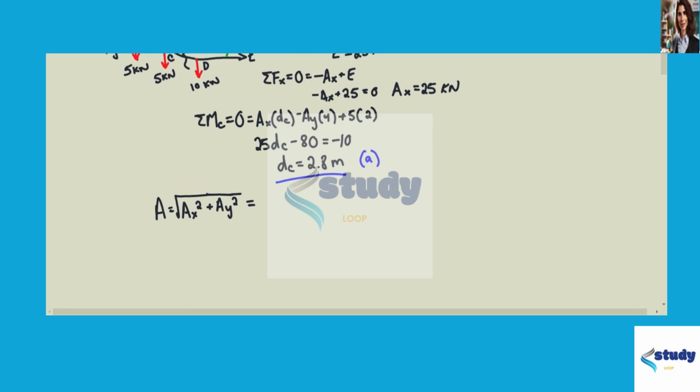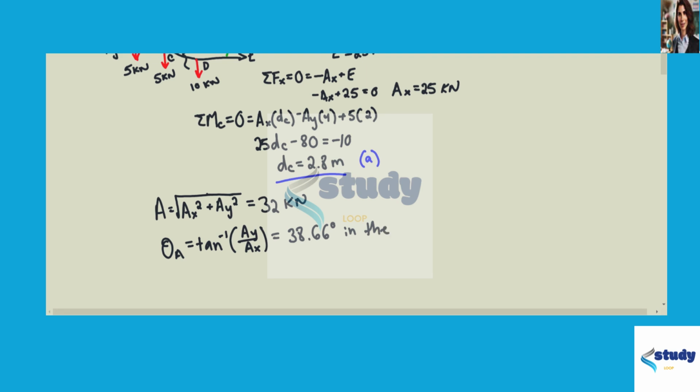We also need theta A, so we know what direction the total reaction is in. So the inverse tangent, AY over AX, make sure your calculator is in degrees, and this will equal 38.66 degrees, and this will be in the second quadrant.